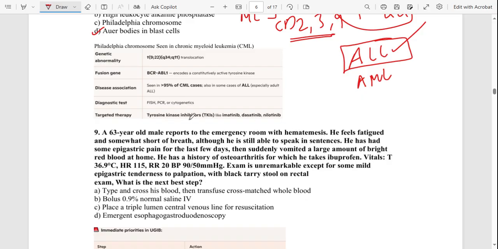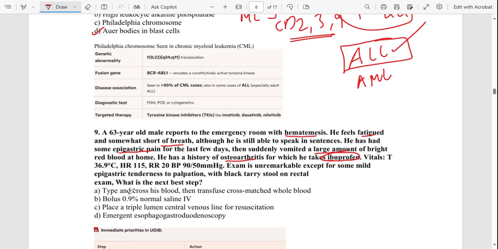So remember what we have here. This one comes to the emergency room with hematemesis, fatigue, basically symptoms of anemia, shortness of breath, is still able to speak in sentences, has had epigastric pain, and then suddenly vomited large amounts of bright red blood. He has a history of osteoarthritis, and remember he was taking ibuprofen.